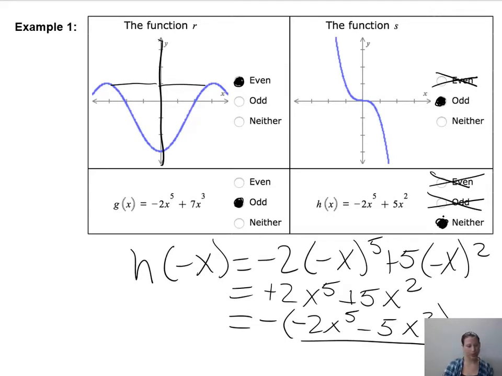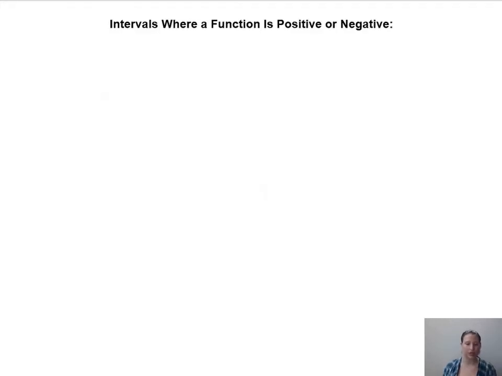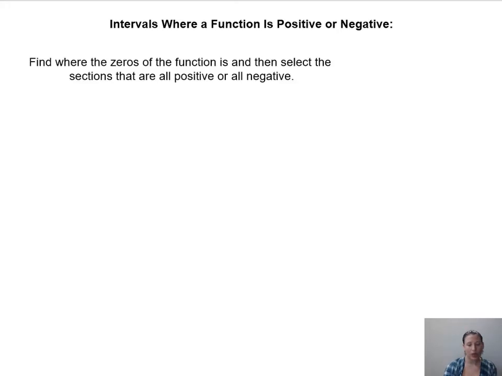Okay? All right, so now the next thing we want to talk about with functions and graphs is intervals where a function is positive or negative. What you want to start with is to find where the zeros of the function happen, and then select sections that are all positive and all negative. That's geared a little bit towards a graph, but you can do this with a function by setting it equal to 0.